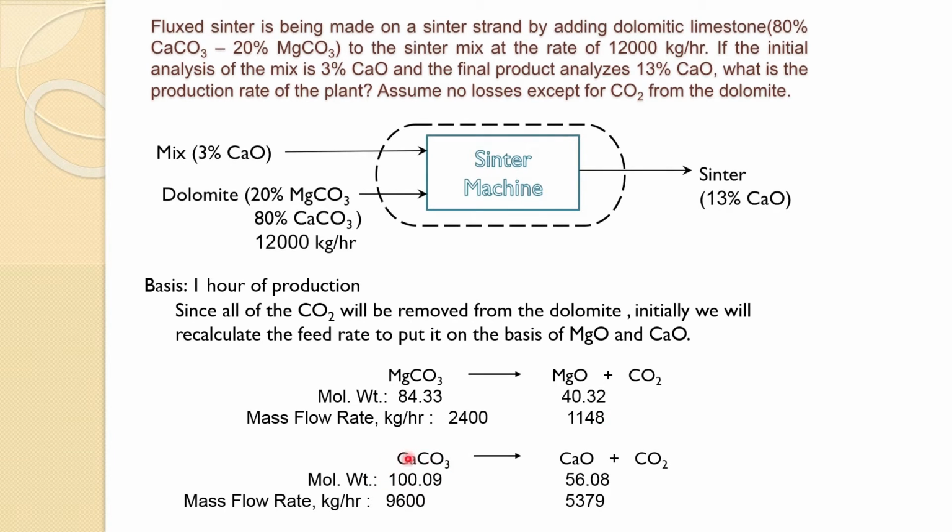Similarly, we can do the calculation for calcium carbonate dissociation, and all lime goes into the sinter. So, the mass flow rate of calcium carbonate, 80% of this, will be 9600 kg per hour, which will give you 5379 kg per hour lime.